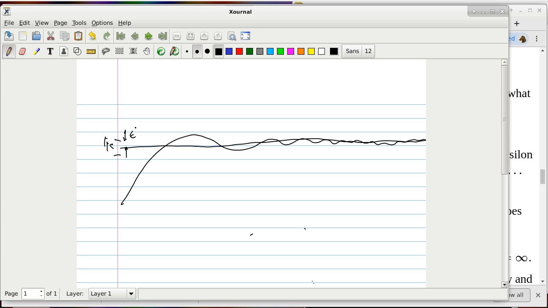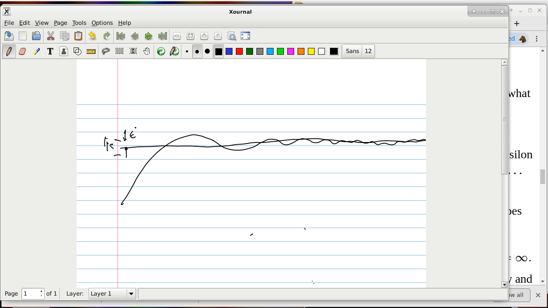But given any non-zero epsilon, I can find one point in the entire series that is the starting point where every single point after that is within that margin that you have specified. That is what it means when we say the limit of x of i as i goes to infinity equals k.